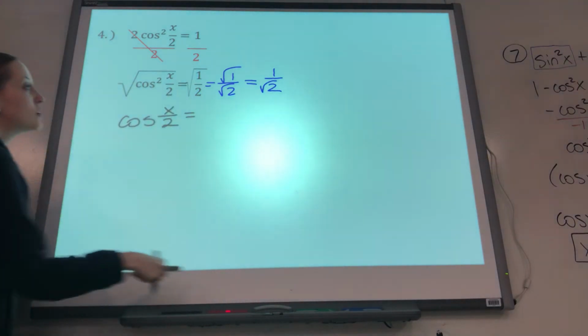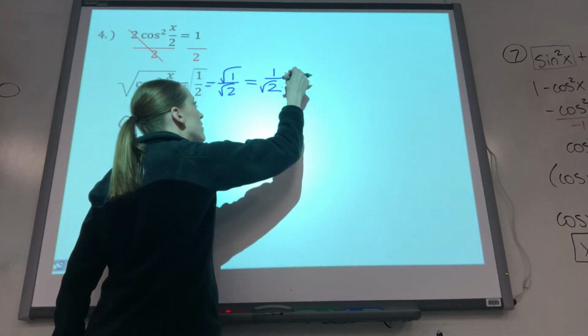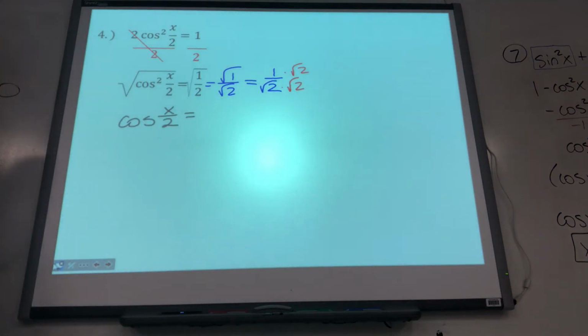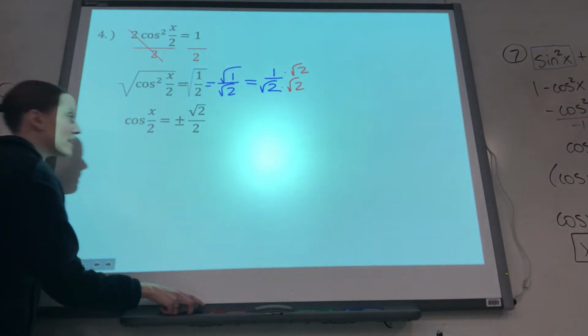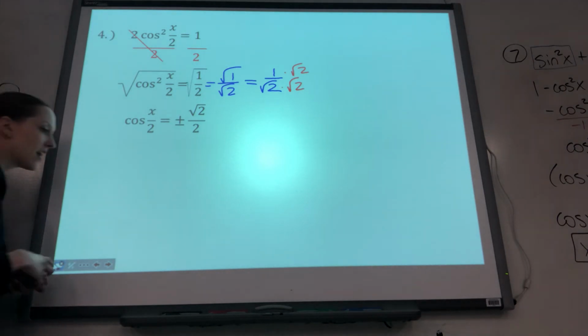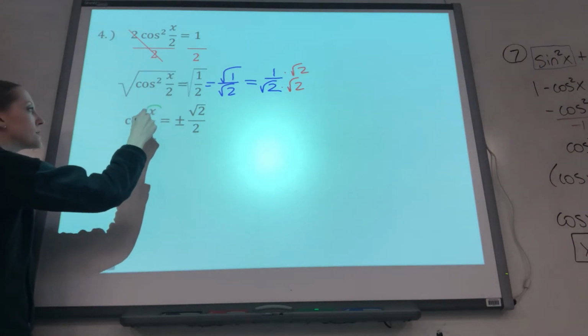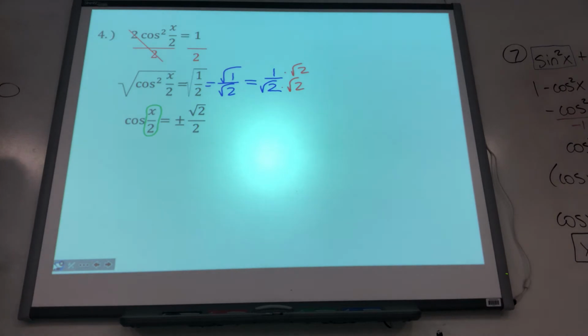That is just 1. But we can't leave that square root of 2 on the bottom. So multiply by square root of 2 on top and bottom. And don't forget the plus or minus. That tells us cosine of x over 2 equals plus or minus square root of 2 over 2.